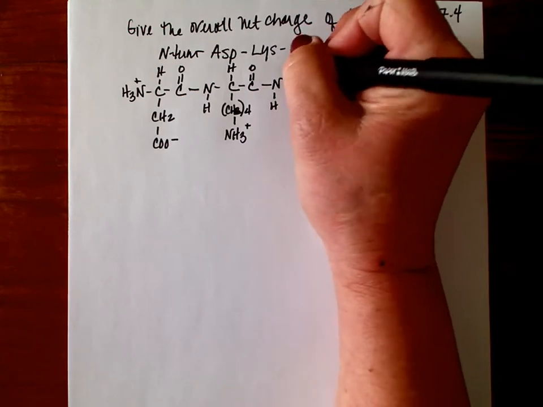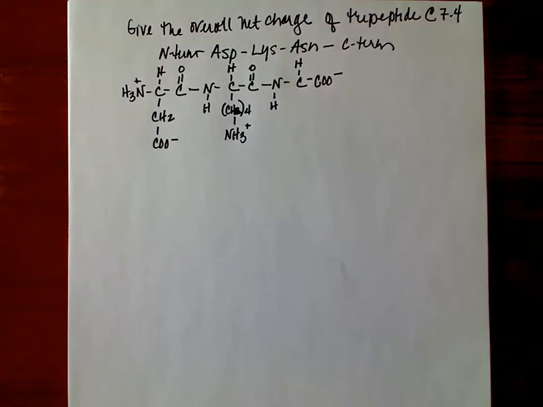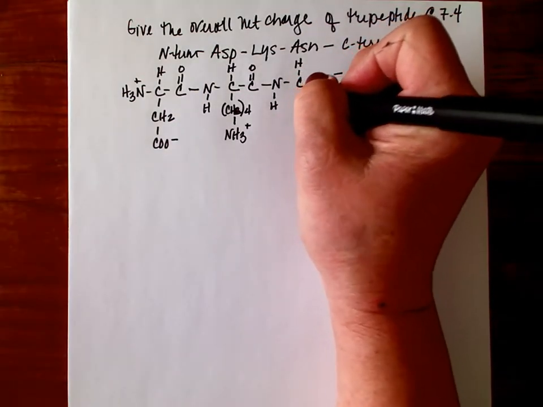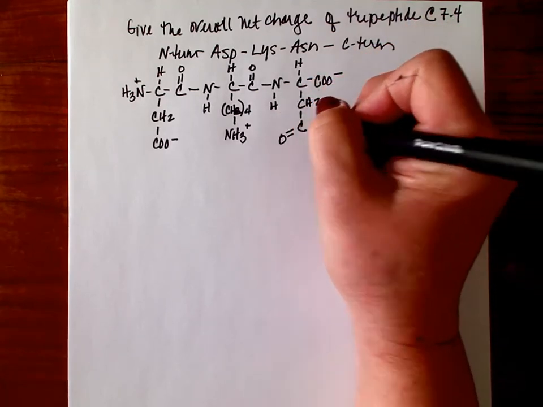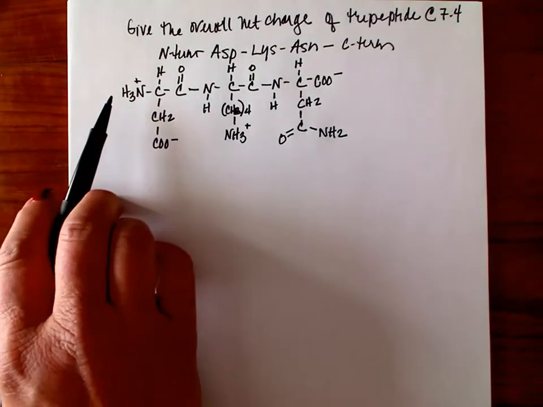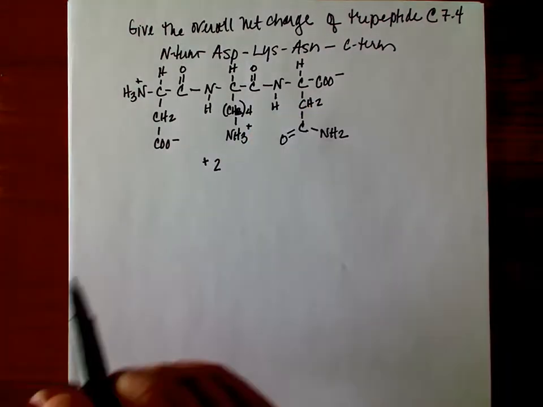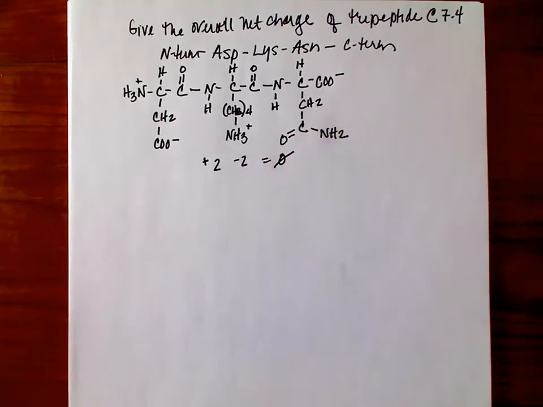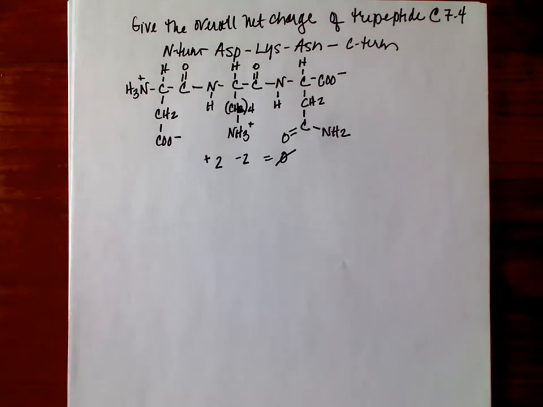And lastly, asparagine. Its alpha carboxyl group will be deprotonated. So we have 2 positive charges and 2 negative charges. So the overall net charge of this tripeptide is 0.